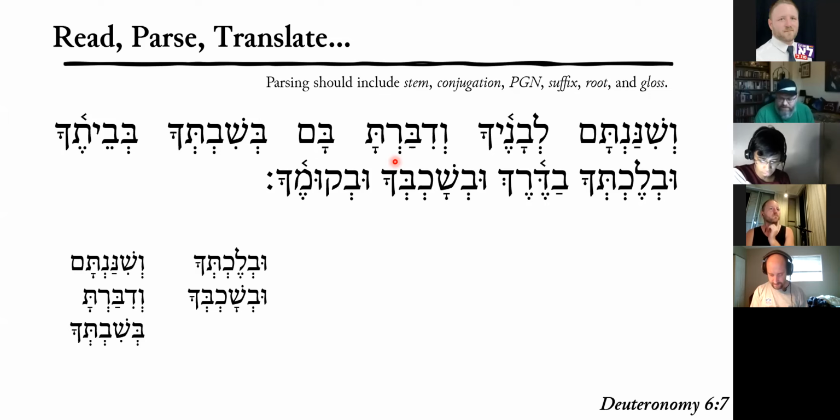Yep. Okay. Obviously no PGN on that, the suffix is second masculine singular. The root is shin, well, I always mess up between kaf and kuf. It's kaf, right? Yep, kaf.